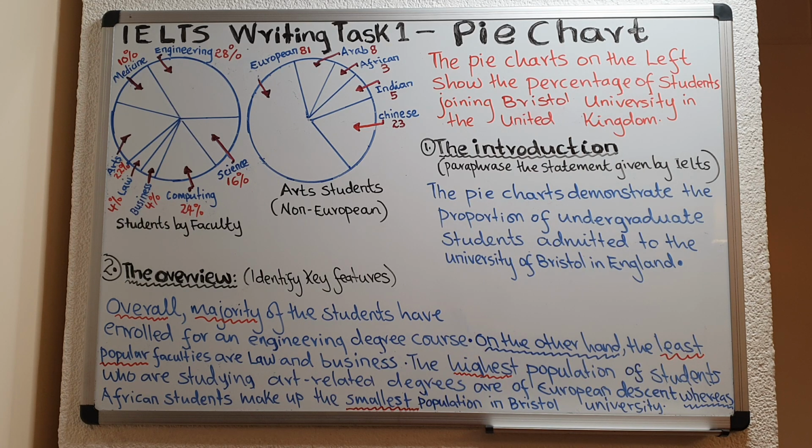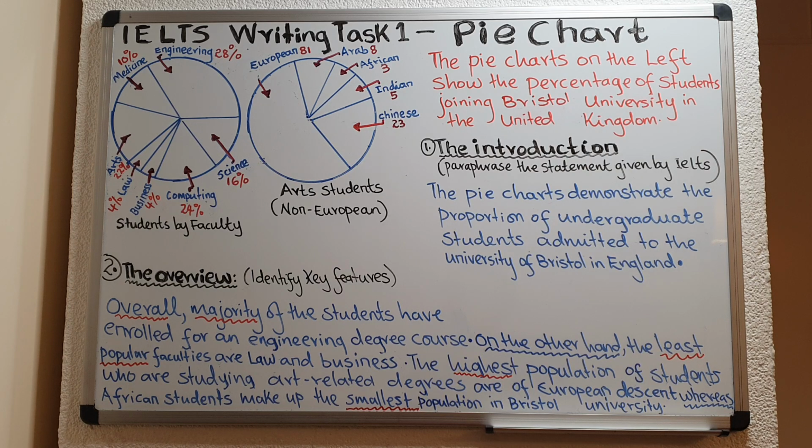And then the lowest we saw is 3 for African students. So we need to transfer those key features to the overview. So we begin with the highest. The highest population of students who are studying art-related degrees, okay, art-related degrees.